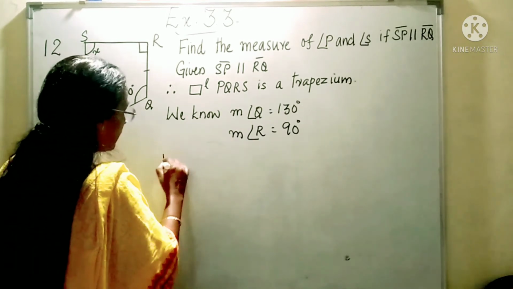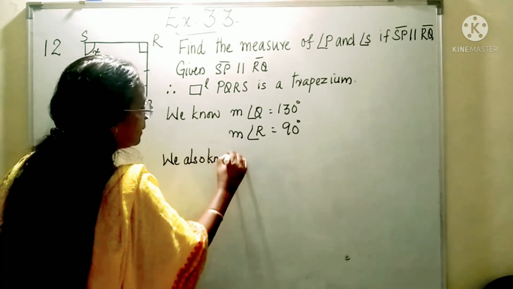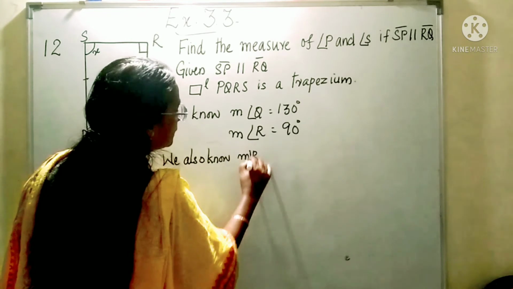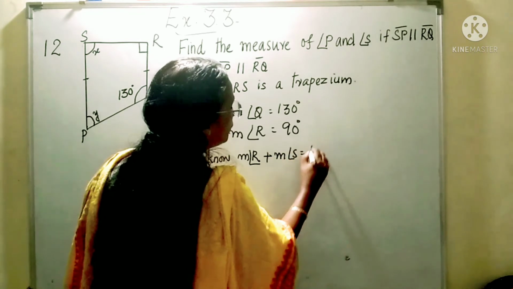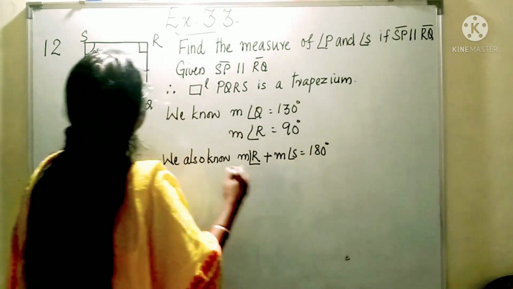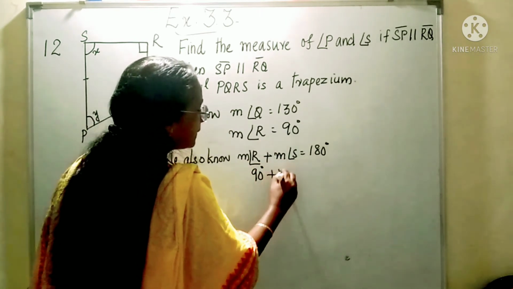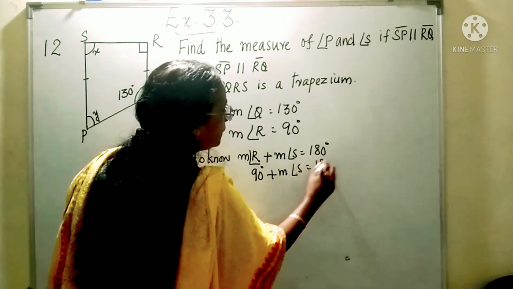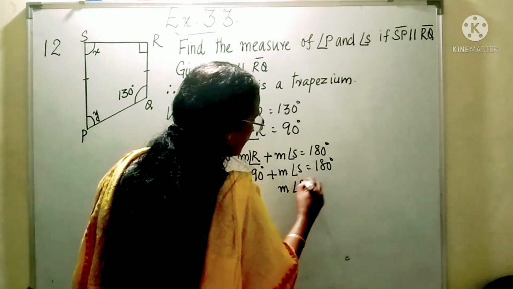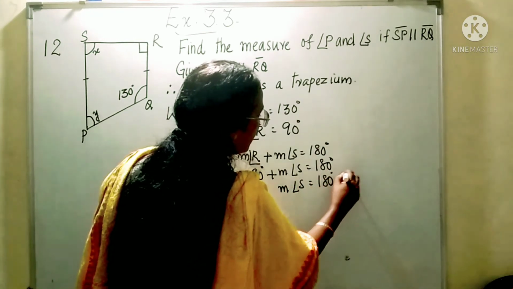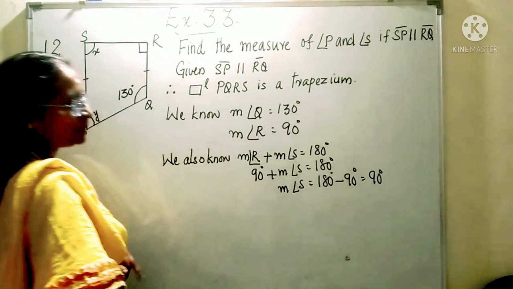We know that measure of angle R plus measure of angle S is equal to 180 degrees. So measure of angle R is 90 degrees, plus measure of angle S is equal to 180 degrees. So measure of angle S is equal to 180 degrees minus 90 degrees, which is equal to 90 degrees.